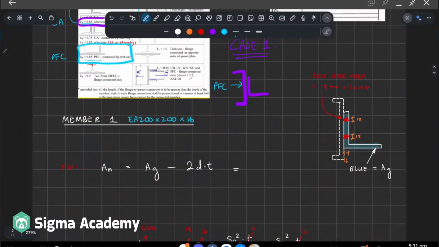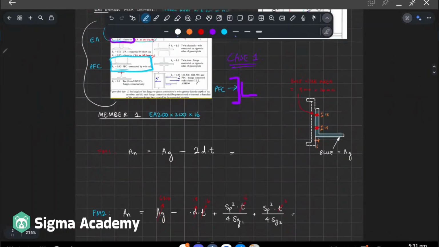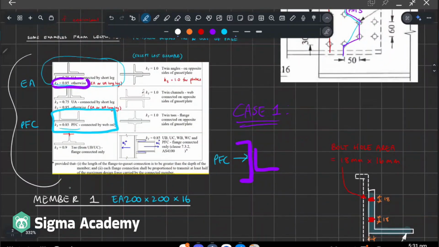I'll give you the full explanation for this towards the end of the video, but the TLDR is it's from shear lag and eccentricity. If you have no idea what that is, I'll explain at the end.